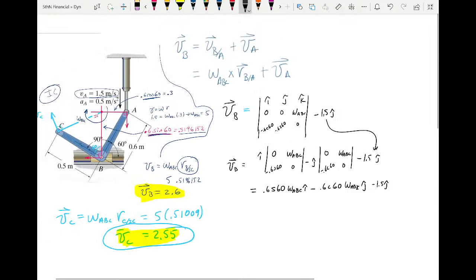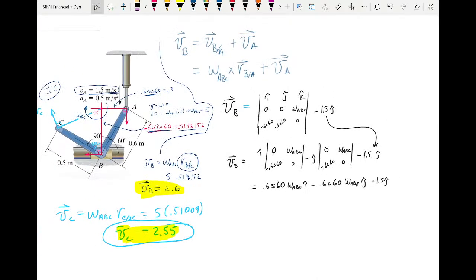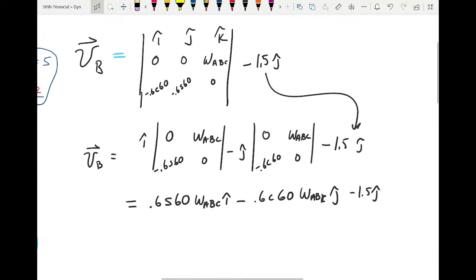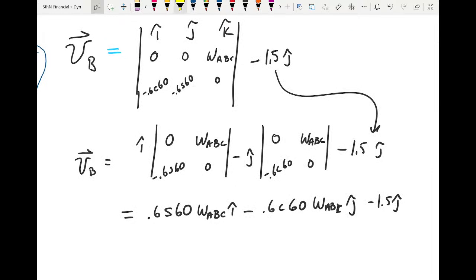If we want to look real close at this, what we'll find is that we can do a quick dot check, and the dot check would essentially be this number times that number plus this number times that number.